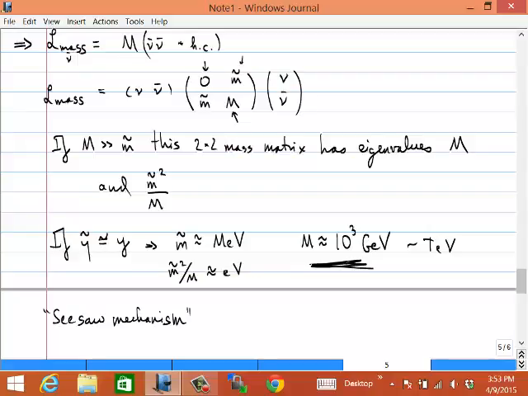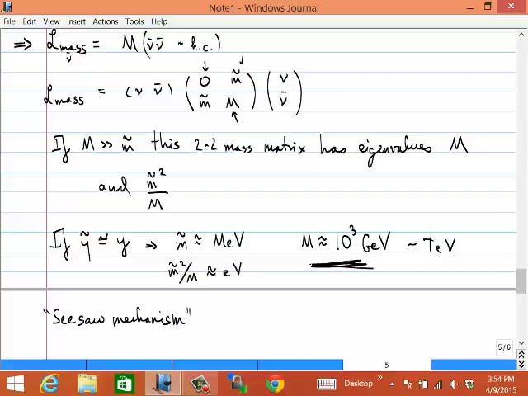It turns out that once you exploit all of the remaining freedom that you have left to redefine the fields, you have 4 degrees of freedom left over. So you have 4 in the quark sector, 4 in the lepton sector. What does that give you? 8 plus 6 plus 6, that's 20. Then we have 3 gauge couplings, that brings us up to 23.